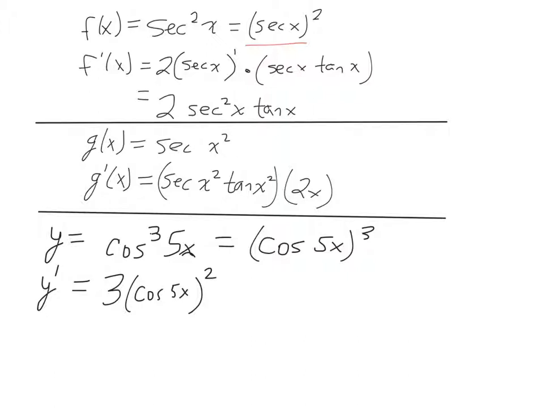Now I've got to take it times the derivative of the inside. Well, in this case, the inside is cosine 5x. The derivative of cosine is negative sine.